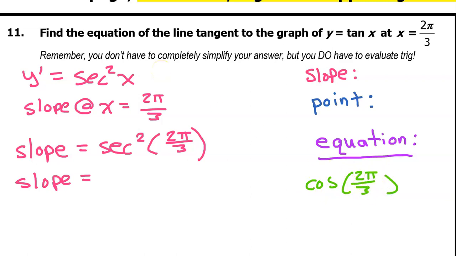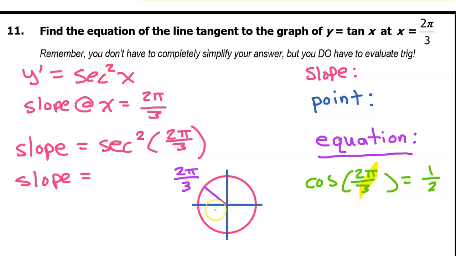And for that, I'm thinking, first of all, what is the cosine of just pi over 3? Well, we've memorized that the cosine of pi over 3 is 1/2. So what about 2 pi over 3? 2 pi over 3 is over here in the second quadrant. Cosine is an x value, so cosine will be negative in the second quadrant. So the cosine of 2 pi over 3 is negative 1/2.